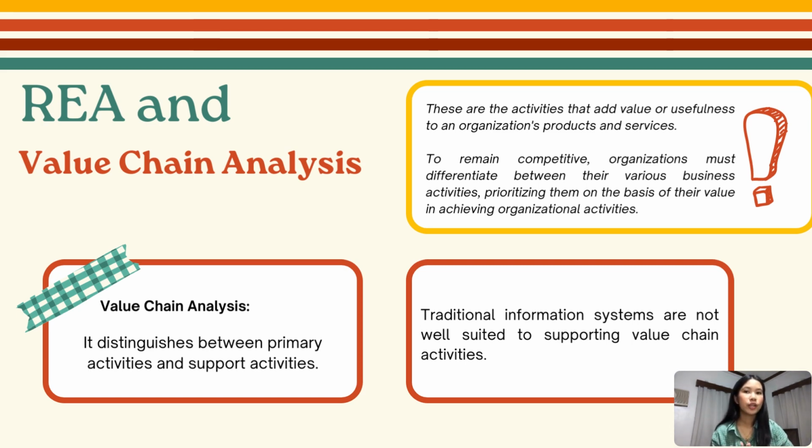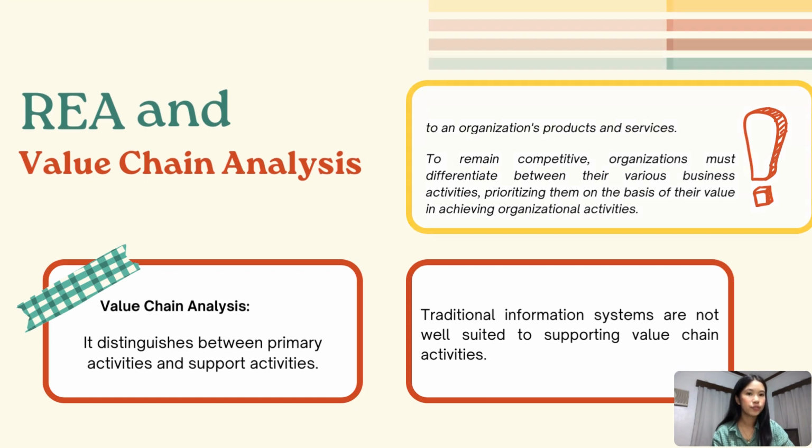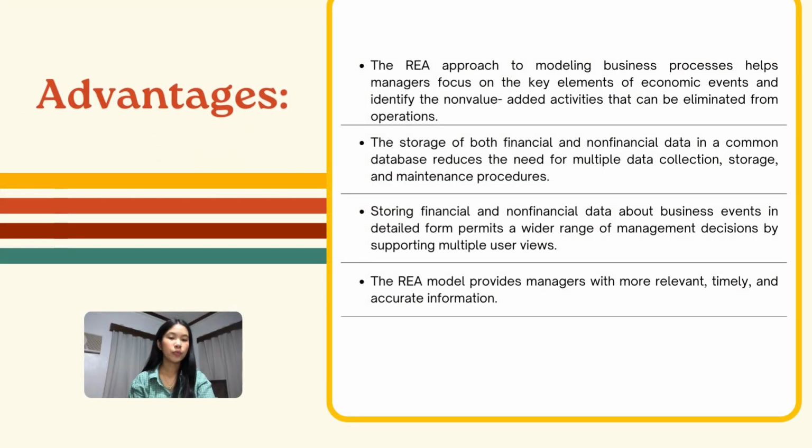Next, traditional information systems are not well suited to supporting value chain activities. As a single information framework capable of capturing generic and fine-grained data, REA can overcome problems such as data redundancy, data concurrency, and system integration problems, and is also capable of providing the following advantages.